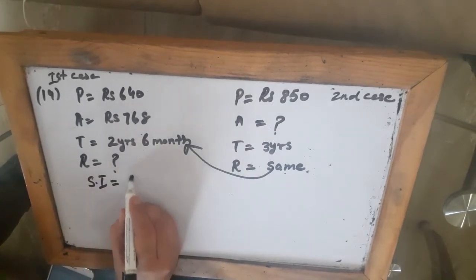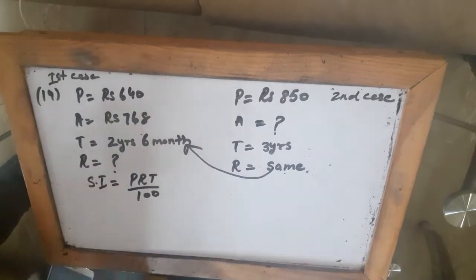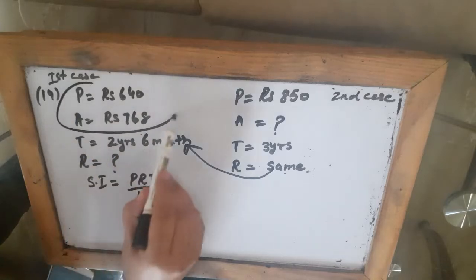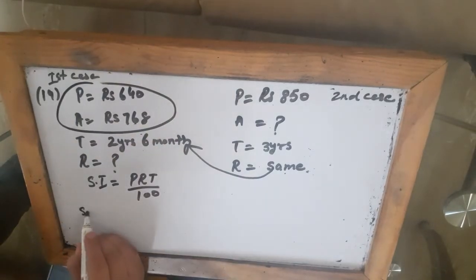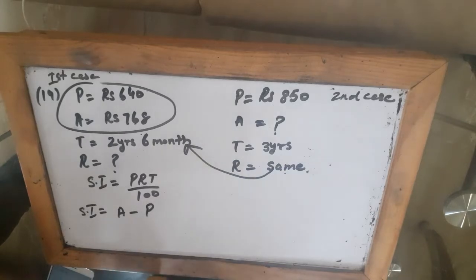Simple interest is equal to PRT upon 100, and I don't have simple interest here, so from where will I get it? In the previous question I told you simple interest is amount minus principal. So amount is 768 minus the principal 640, which is 128.